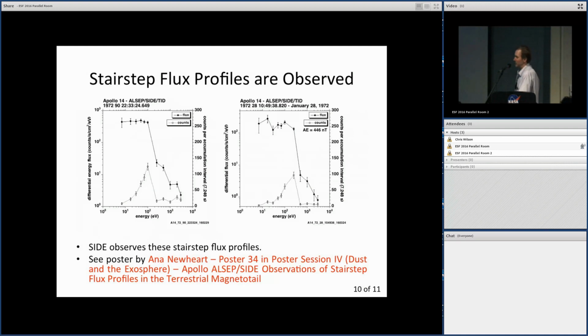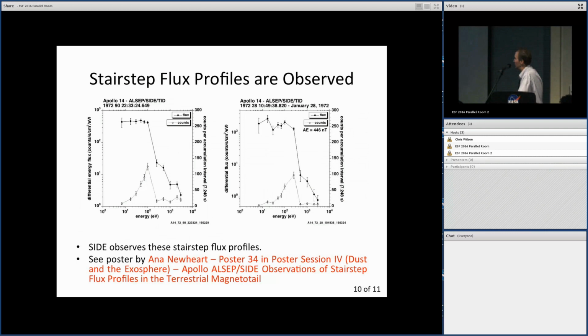So these are two examples of stairstep flux profiles observed in the SIDE data, but there are a lot more than two examples of these spectral forms in the SIDE data. If you haven't already, I encourage you to stop by Anna Newhart's poster.